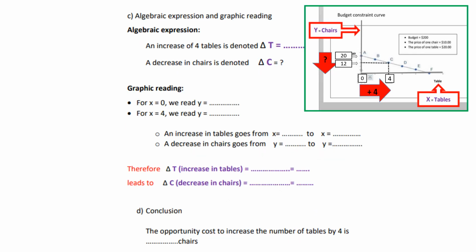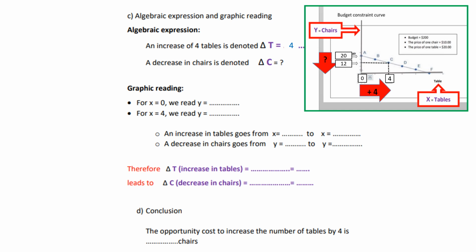It is important to have some understanding of algebraic expression and graphic reading. We have our algebraic expression here, which is an increase of 4 tables is denoted as shown here, delta T equal 4, and the decrease in chairs is denoted delta C, which is the value that we are trying to determine.